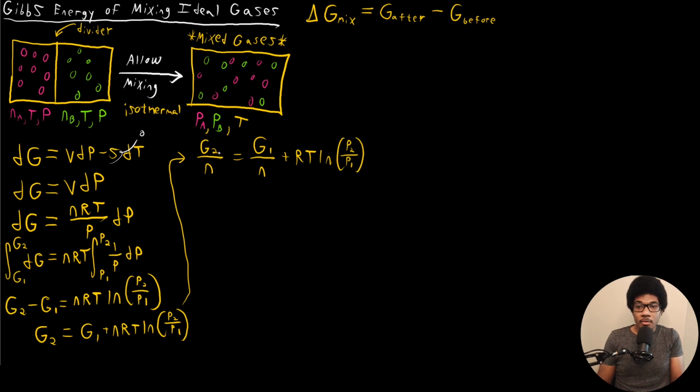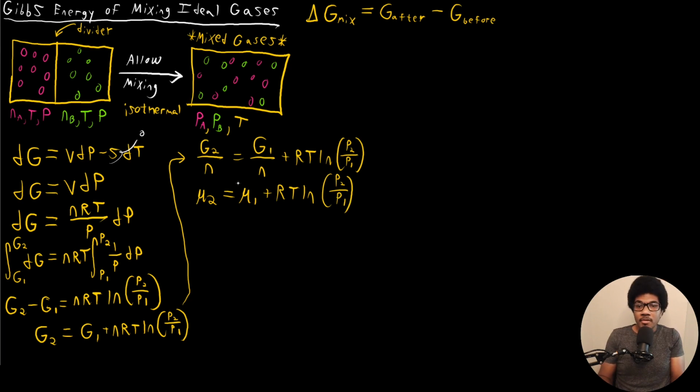G2 over n is just the chemical potential, and G1 over n is also the chemical potential, the final and initial chemical potential respectively, plus RT ln P2 over P1.